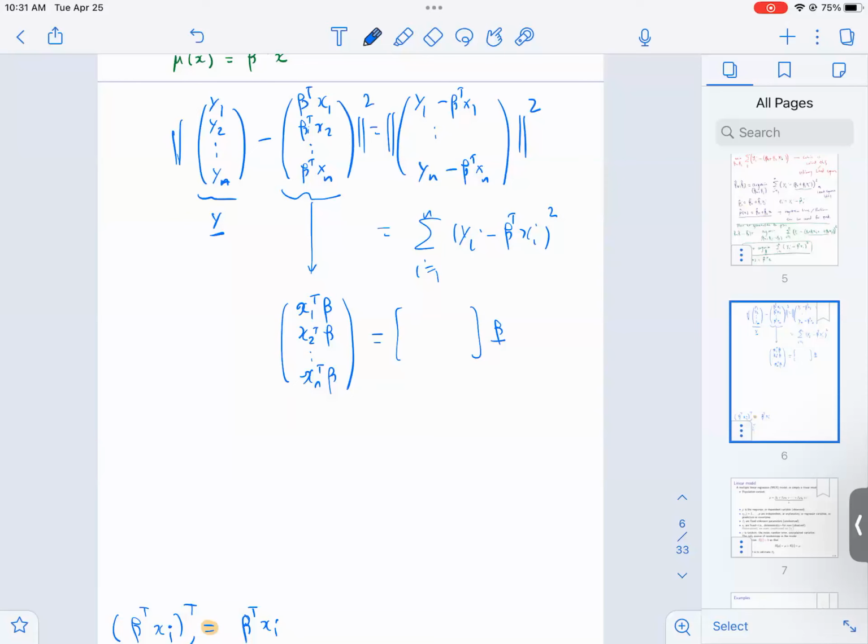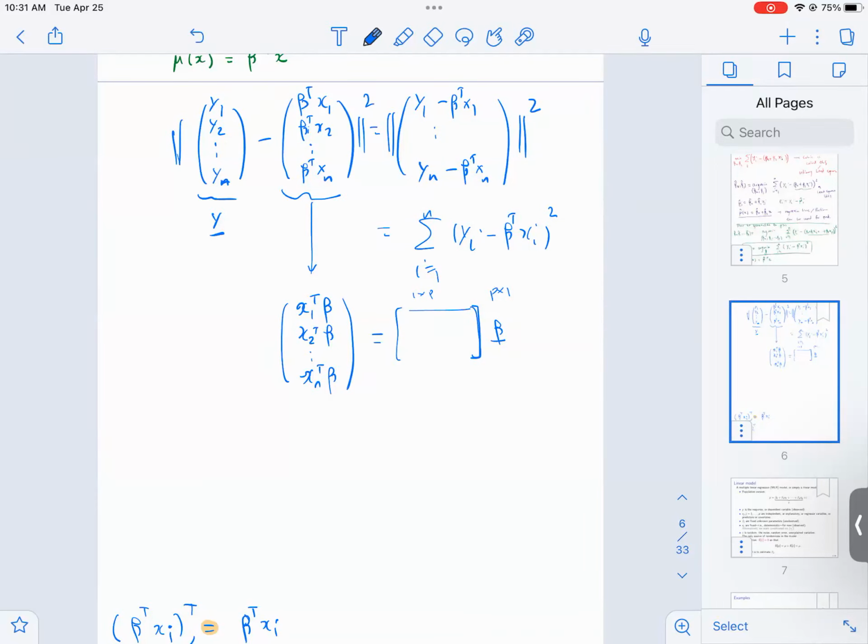If it's one row, then one row times a vector is just going to be a scalar. I have n, so this is an n-dimensional vector. So how many rows do I need there? You need n rows of these if it's going to work. And what do you guess those rows are going to be? This is p by 1. If I have 1 by p, this row gets multiplied by that. Works out.